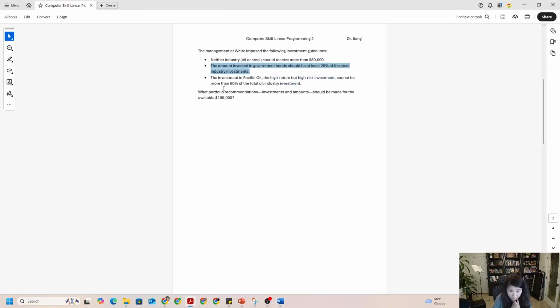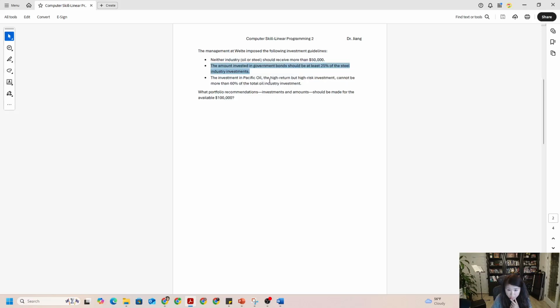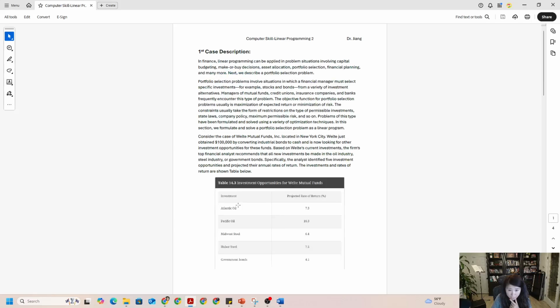Okay, so the last constraint: the investment in Pacific oil, the high return of 10.3%, cannot be more than 60% of the total oil industry investment. So the Pacific oil, which is x2, has to be smaller than or equal to 60% of both of them added together.